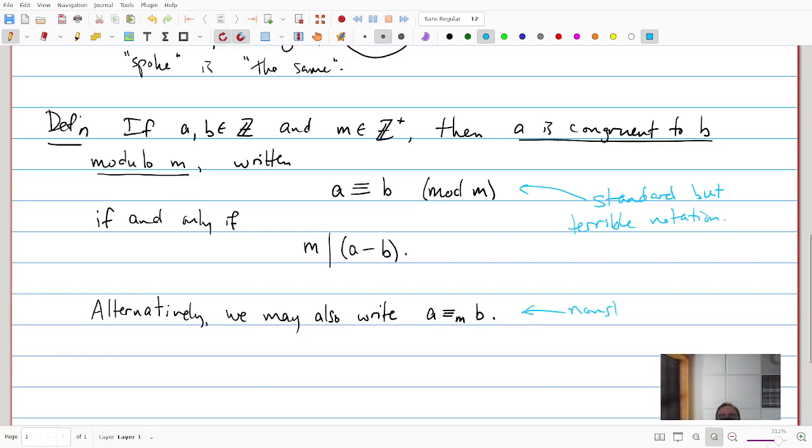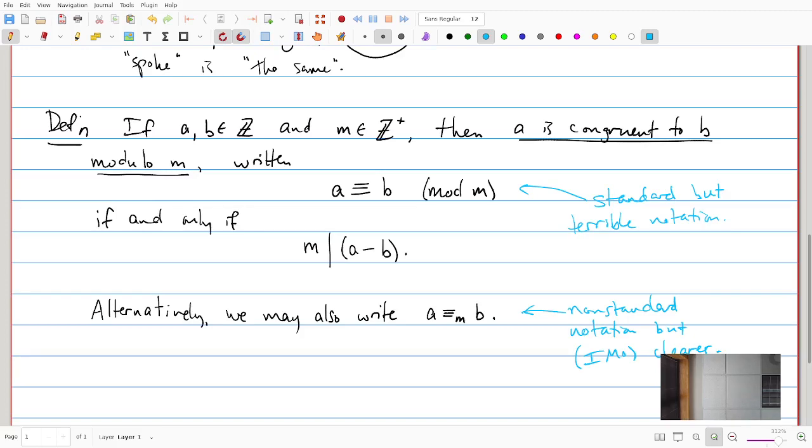So this is non-standard notation. But in my opinion, I will try to be consistent about using this notation.